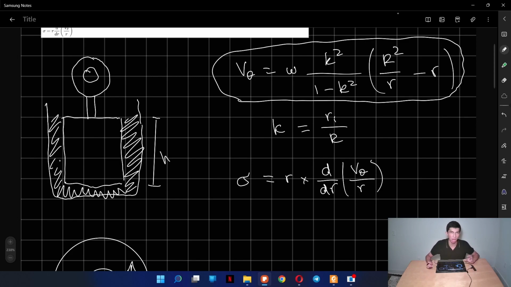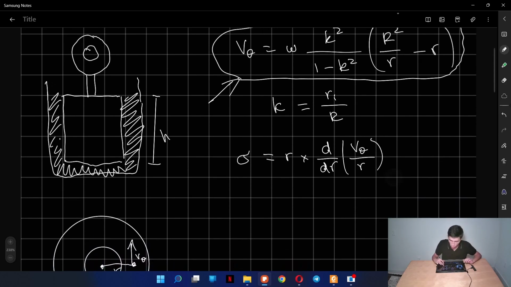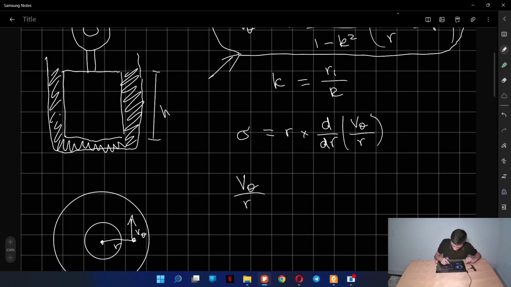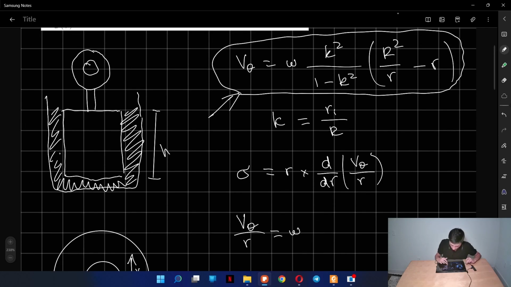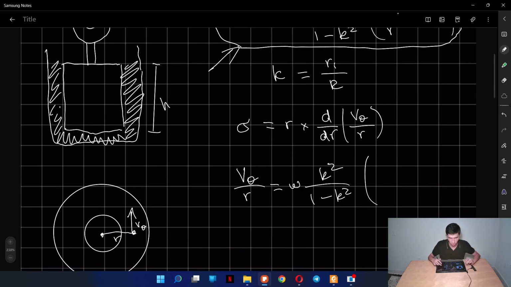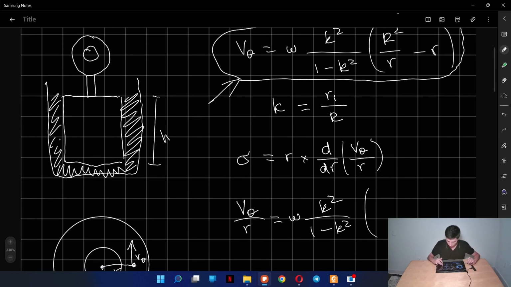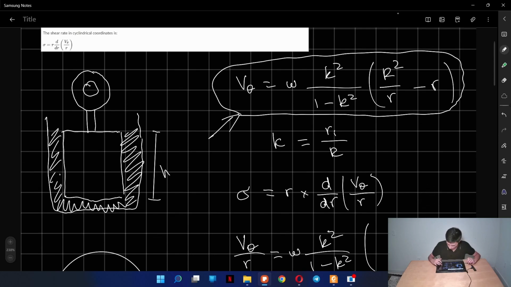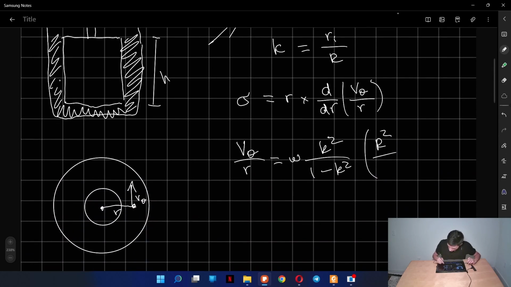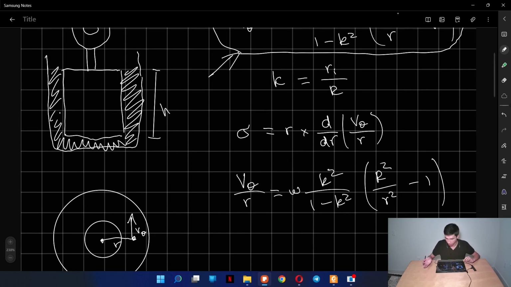Now we apply the same steps to our original equation. If we divide the whole equation by r, we have v theta over r equal to omega k squared over 1 minus k squared, times r squared minus 1, since we're dividing by r.